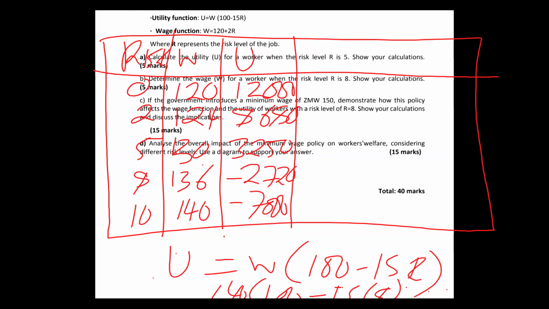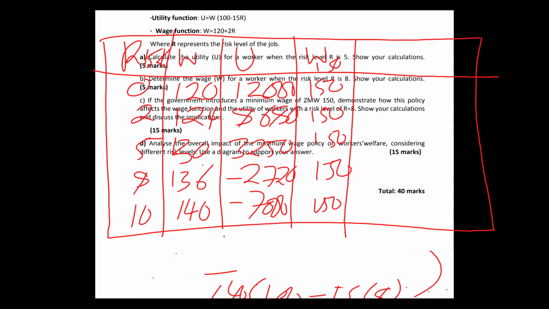So basically, that's that. But now let me show you, for example, when we put 150, what happens? When we fix it at minimum wage, 150. The wage is fixed at 150, but risk is going to be changing. We're still using the same function. See what is happening.